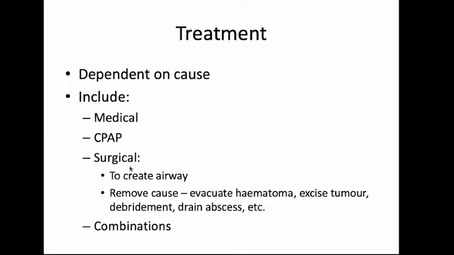And then there are those who will require surgical intervention, either to create the airway or to remove the cause of obstruction. Like if it's an abscess, you want to drain it, or a tumor, you want to excise or evacuate a hematoma. And sometimes you may want to combine these procedures. Because the causes are very many, I'll not go into any particular one unless somebody has an interest in any specific one.